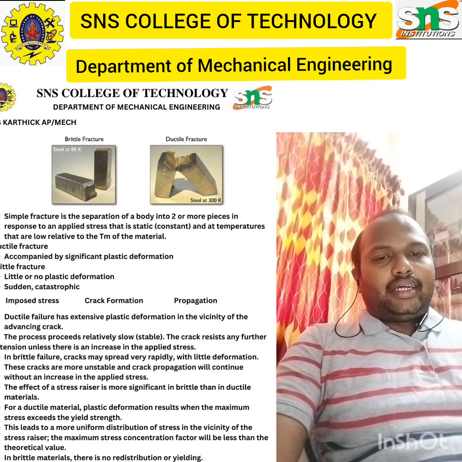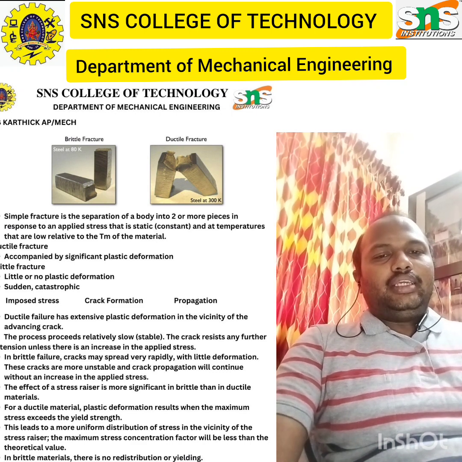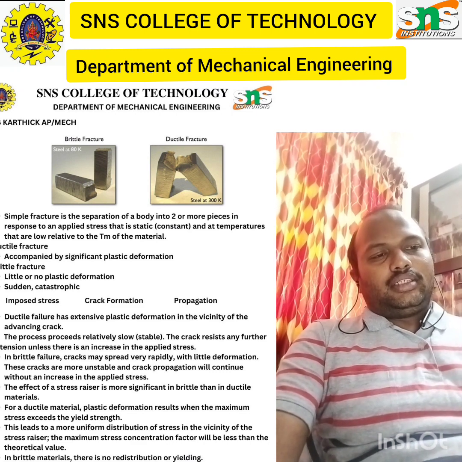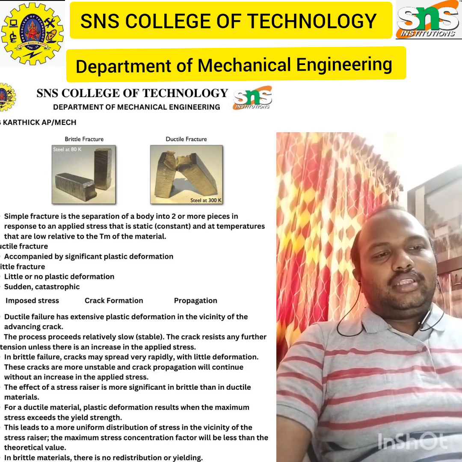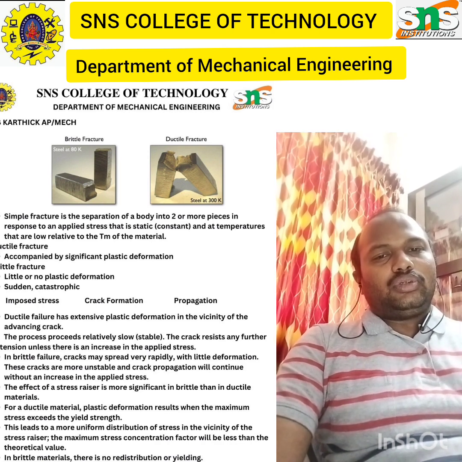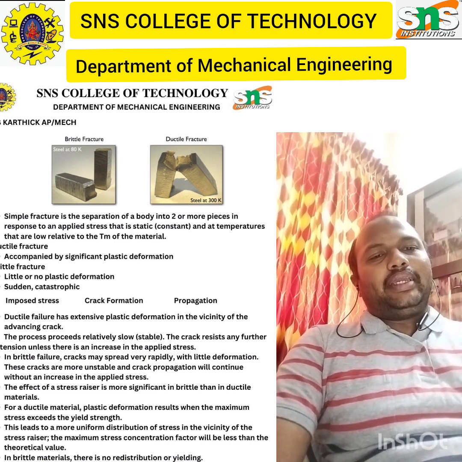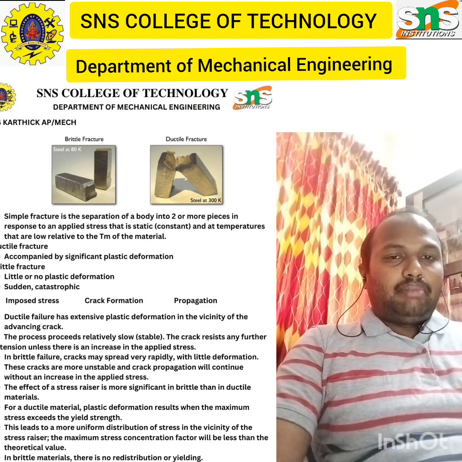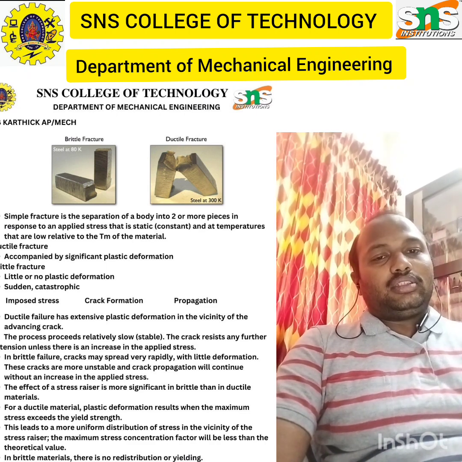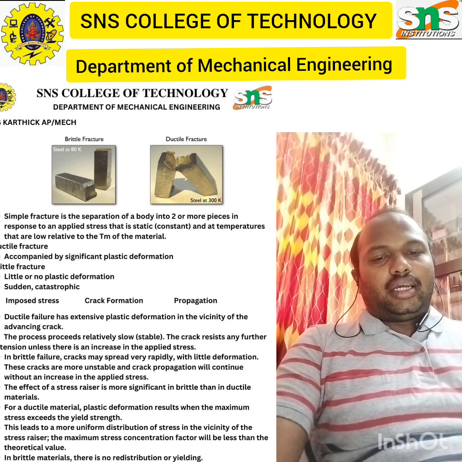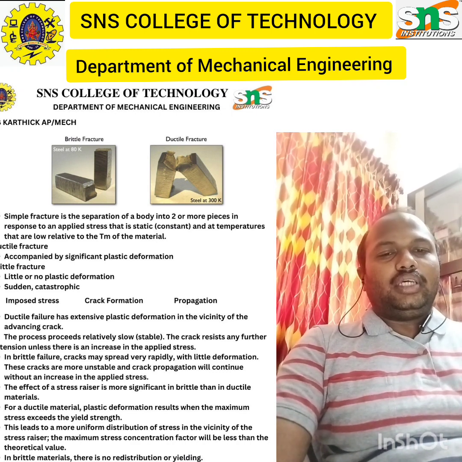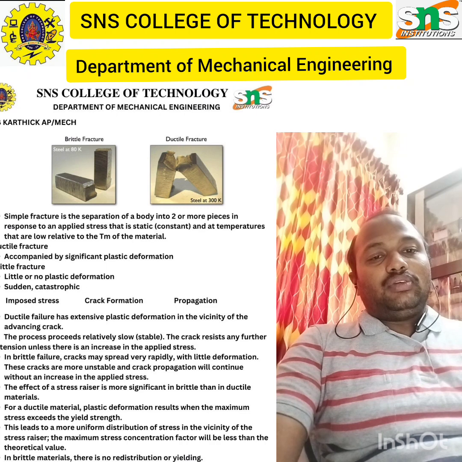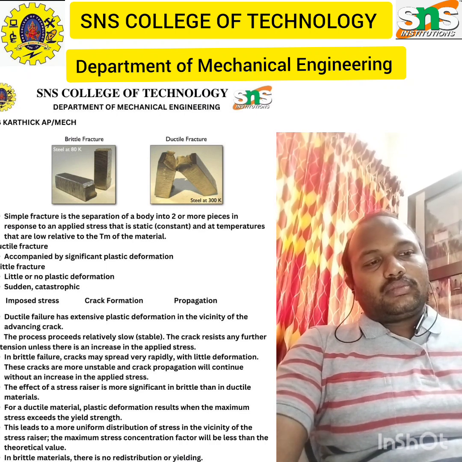So when deploying any material in an application, the material should be tested so that even after application ductile failure may occur, but brittle failure should not occur, because it doesn't give any idea when it is going to fail. If it fails suddenly, the damage will be more catastrophic, right?